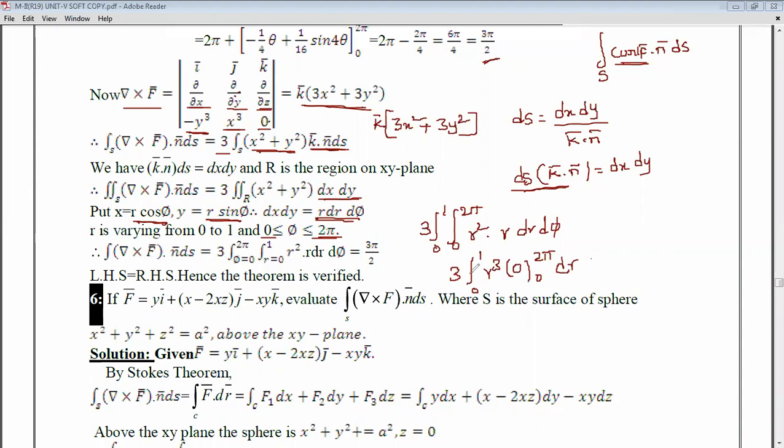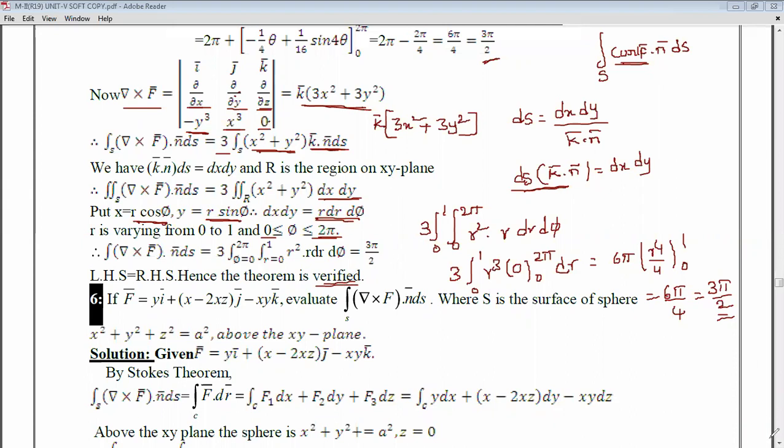Then it is 2 pi; if you substitute, 2 into 3 is 6 pi, and the r cube integration is r power 4 by 4 between the limits 0 to 1. So 6 pi by 4. That is 2 threes are six and 2 twos are four, so 3 pi by 2. So simply here LHS is equal to RHS. Hence Stokes theorem is verified.